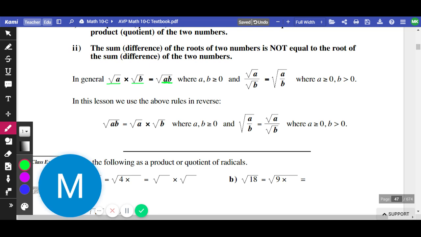If I had 1 radical with 2 radicands, I could break it up into 2 separate radicals. So if I had this, square root of a times b, 2 radicands means I could chop that thing in half, and then all of a sudden I have a radical times another radical. We're going to do that, but with numbers. We're going to go both directions.